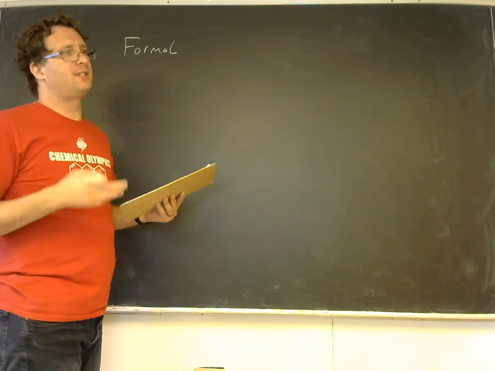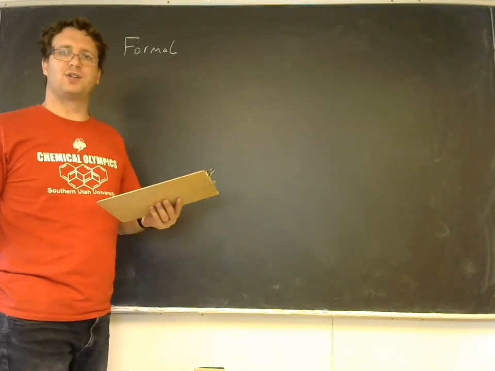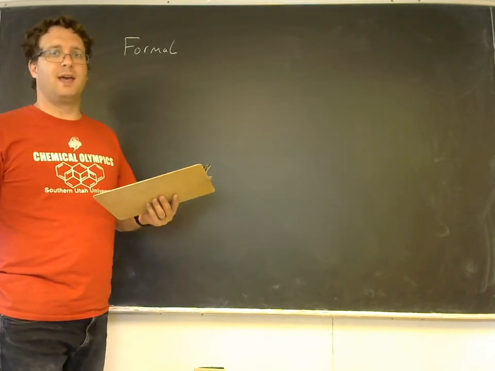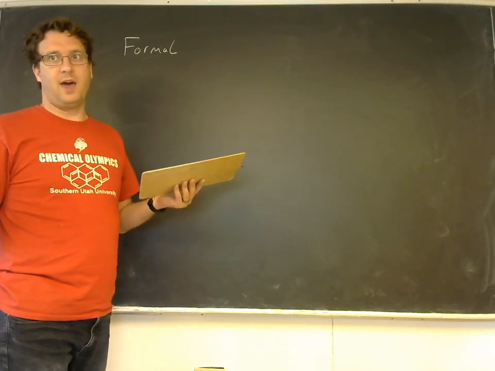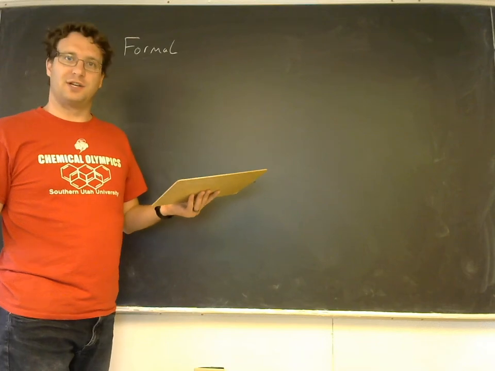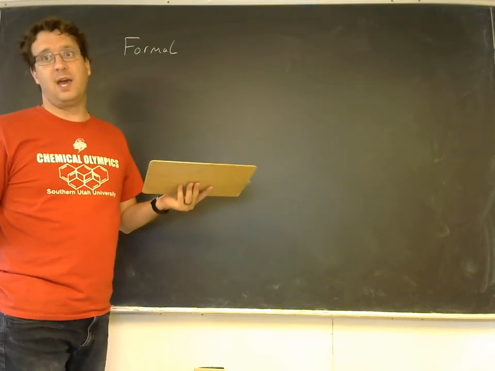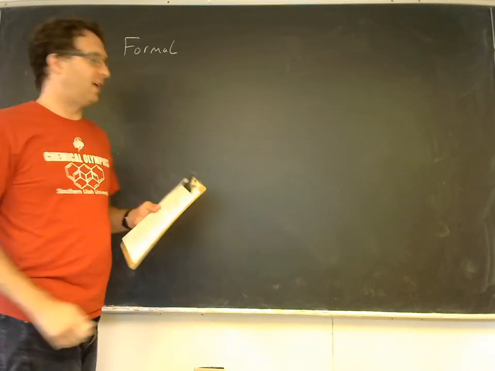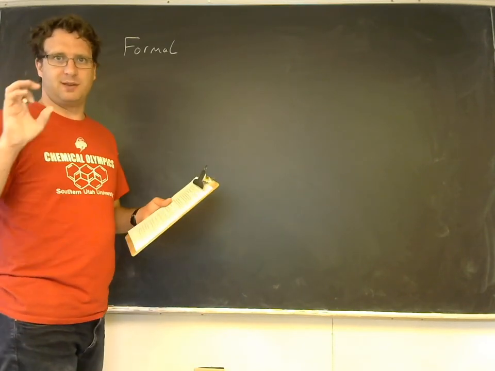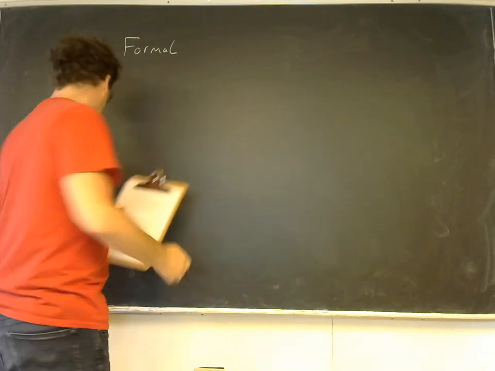And the distinction between the formal concentration and the molar concentration is that the formal concentration is an abstract concentration of an acid or base before it undergoes its acid-base reaction. And so that's my little bit of an introduction, and then let's give you a particular example.